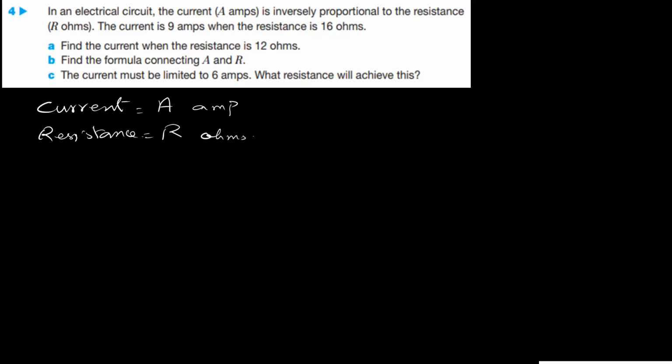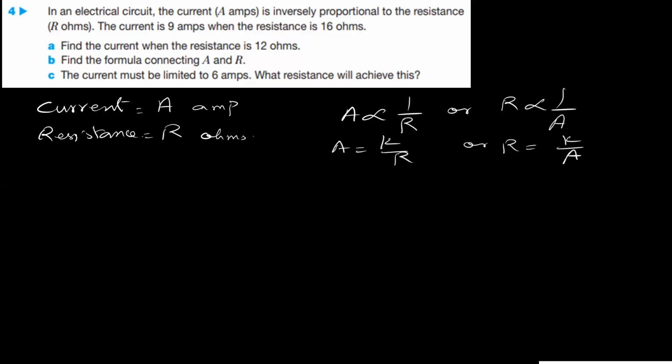As we know that these are inversely proportional, we write that A is inversely proportional to R, or R is inversely proportional to A. Both ways we can write. When you remove the sign of proportionality, we make it A equals K upon R or R equals K upon A. Now R goes to the other side and K becomes A times R in both cases.